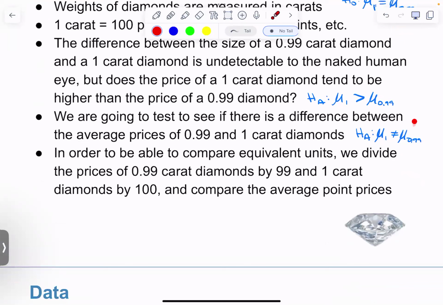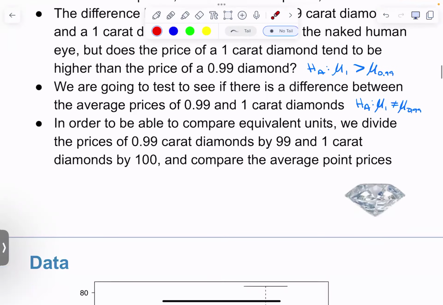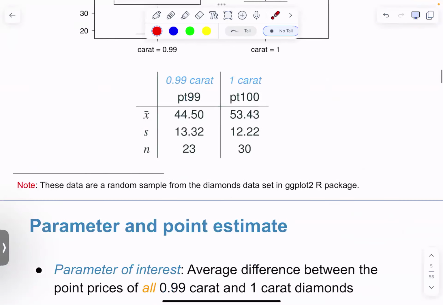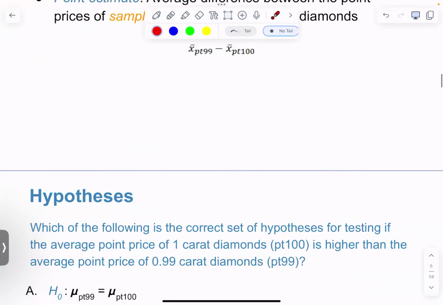Which one of these should we do? I'm more interested in this one, probably, because if I learn that there's a difference between the two, I guess I could do a confidence interval to learn what the difference would be. That might be nice.